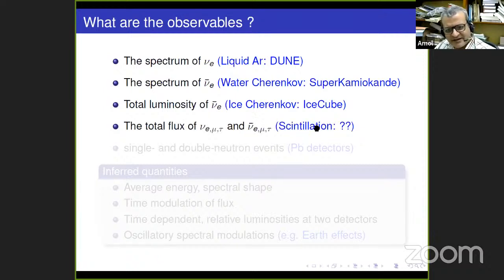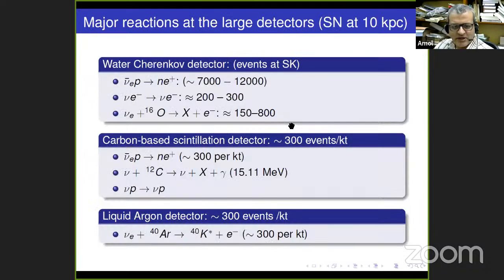In scintillator detectors, it is possible, though very difficult, to find the total flux, simply because finding the energy of individual events is quite difficult, but it's possible to get some handle on the total flux because of the reaction we saw earlier, mainly the scattering of neutrinos on protons, because this is the neutral current interaction.